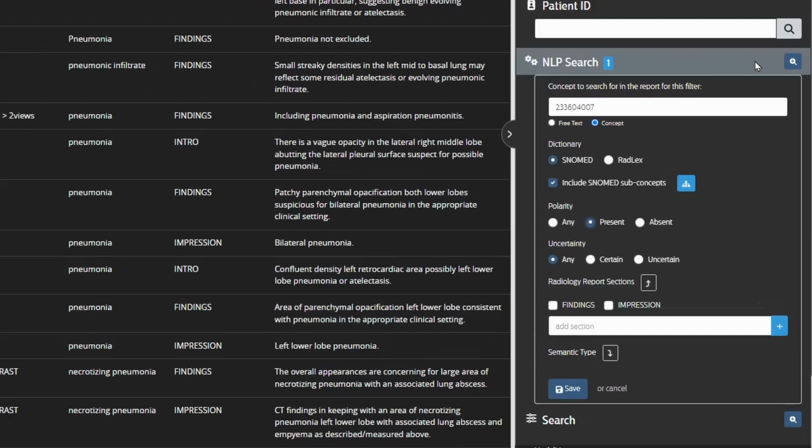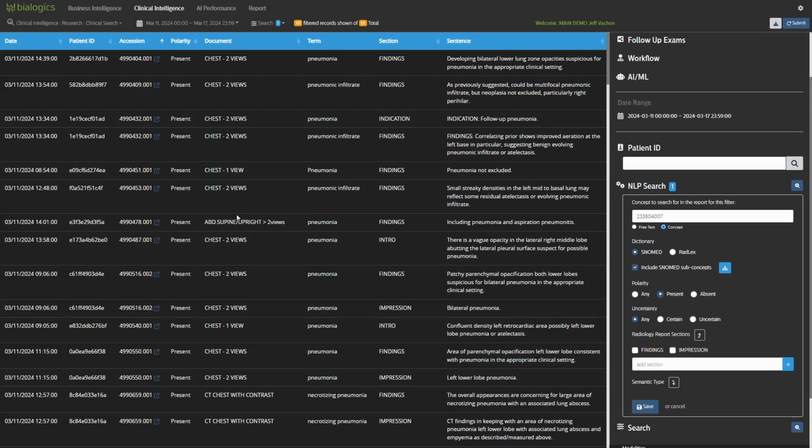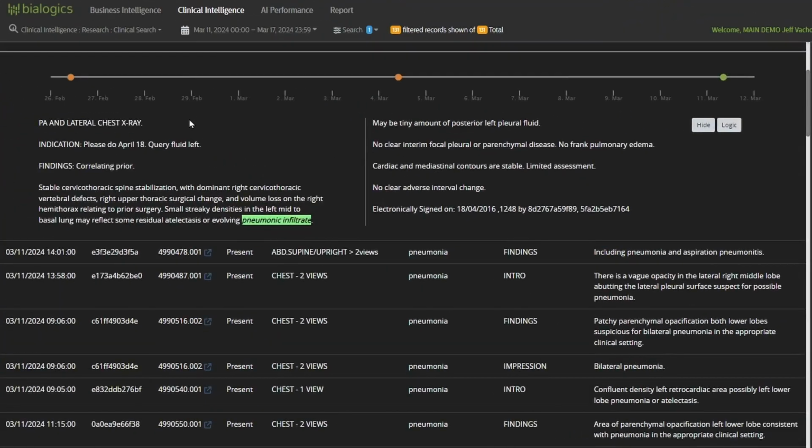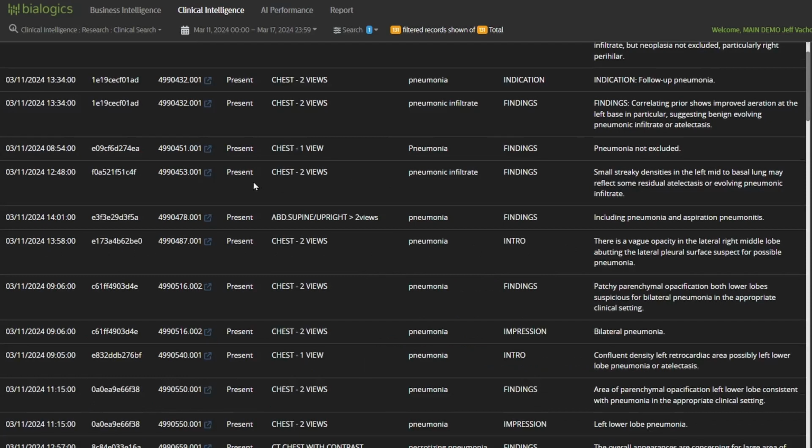As I look down my cohort list, I can go into any one of my studies and say, okay, this patient was selected as part of the cohort, and here's the actual report that was described by the radiologist in that particular case. I can look at that report. I can also, using this little click, click into the actual viewer and pull up those studies so that I can view the study itself.